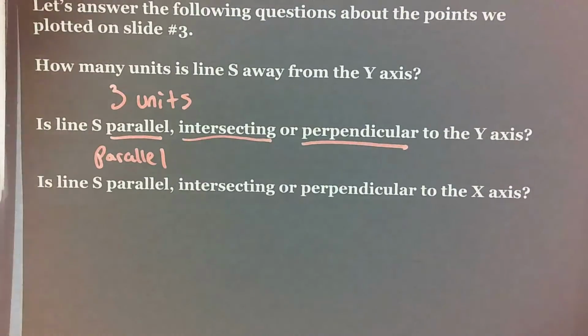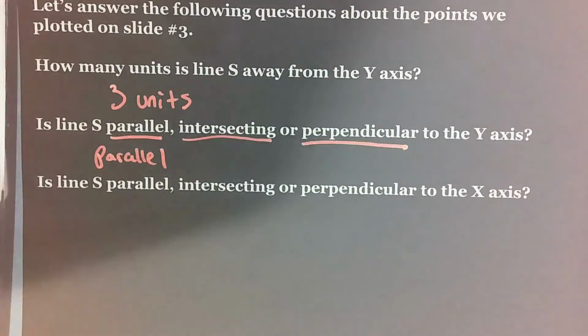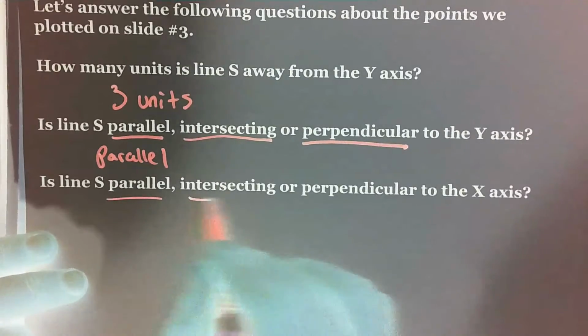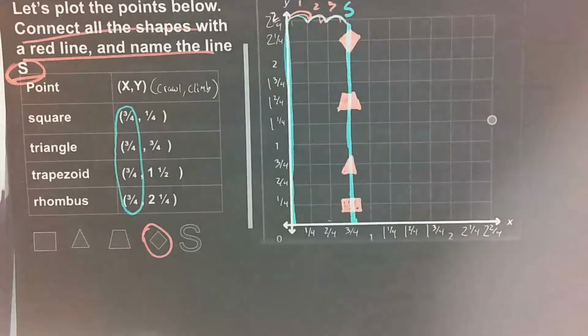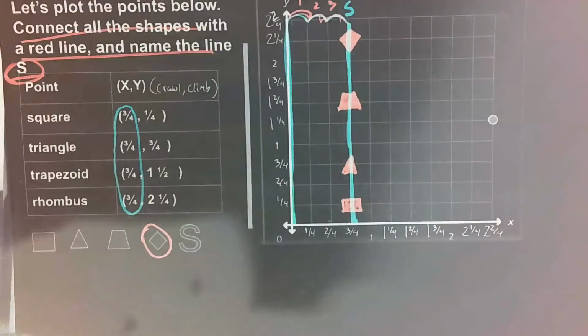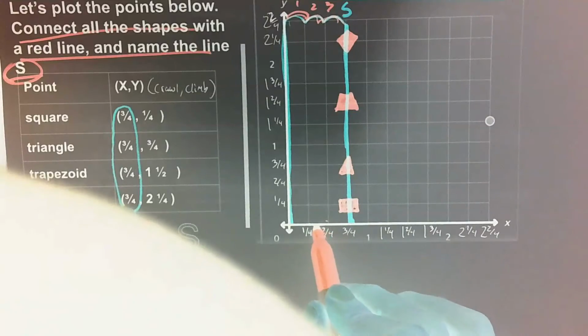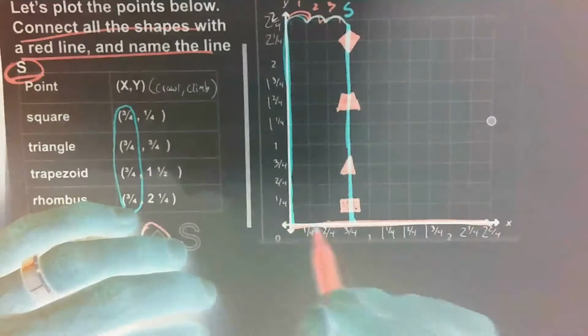Just kidding, we forgot to talk about the x-axis. Part 3 of we do number 3, is line S parallel, intersecting, or perpendicular to the x-axis? We know that it's parallel to the y-axis. Now, let's look at line S in relationship to the x-axis here.